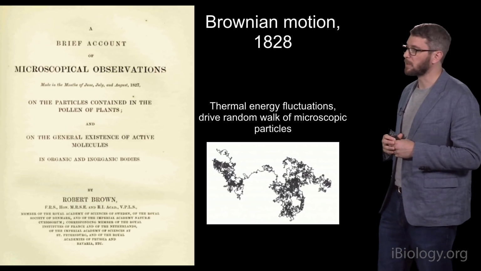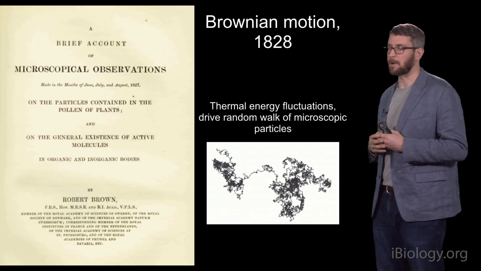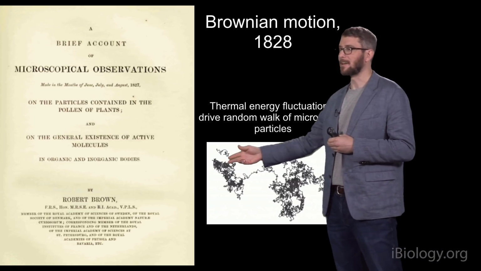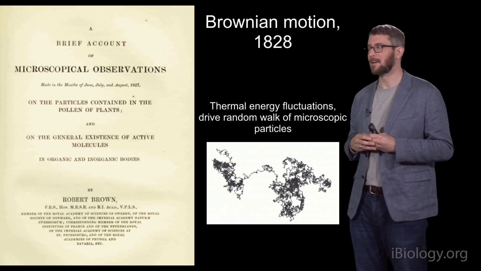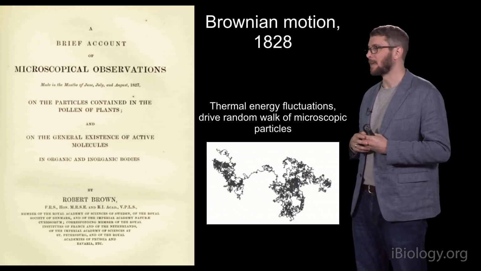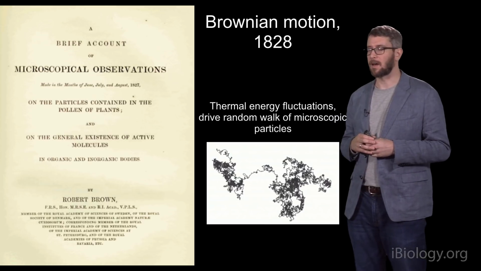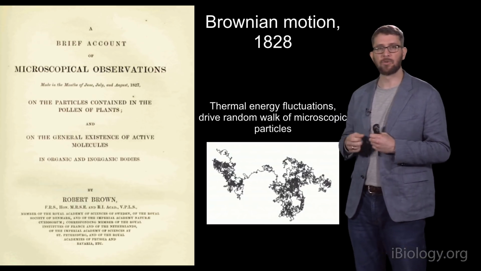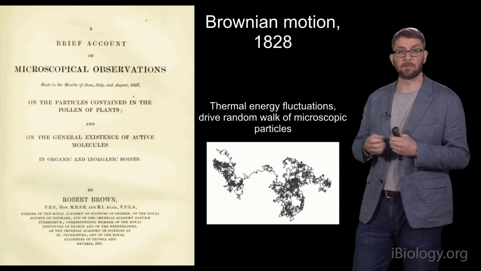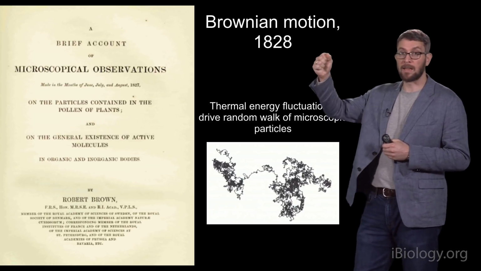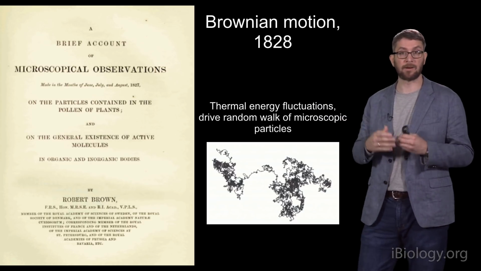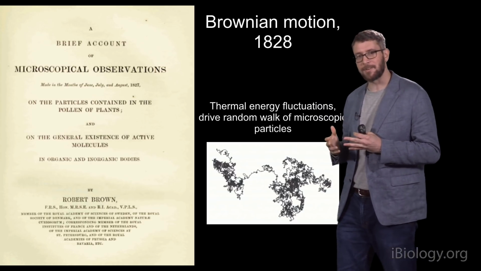Brownian motion was first described by Robert Brown in this really classic and very interesting, highly recommended paper from 1828. In this paper, he describes the random motion of pollen particles and other kinds of particles inside of a cell, and the way in which they undergo a random walk when viewed in the microscope. The paper is really fascinating for a number of reasons.